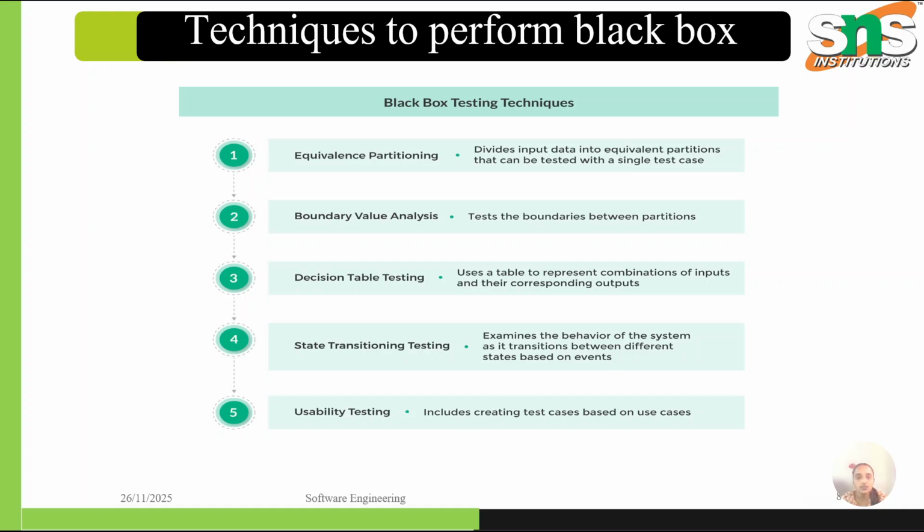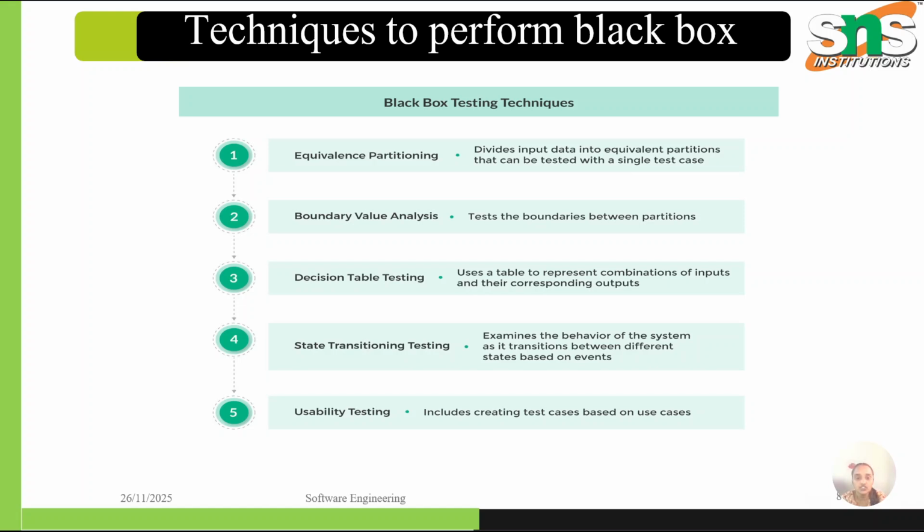The second one is boundary value analysis. Boundary value analysis is nothing but it will test the boundaries between the partitions. Whenever we are giving inputs like partitions, boundary value analysis will automatically test between two or more partitions. The third one is decision table testing.